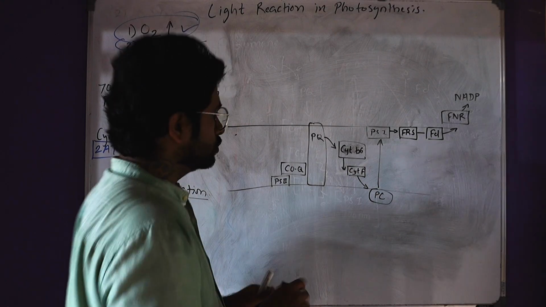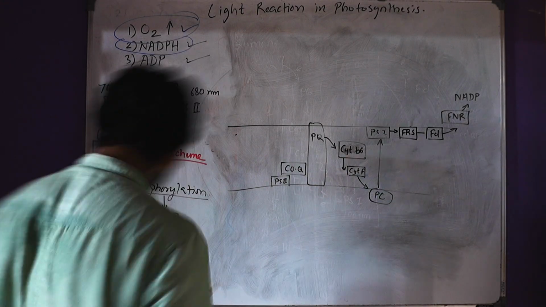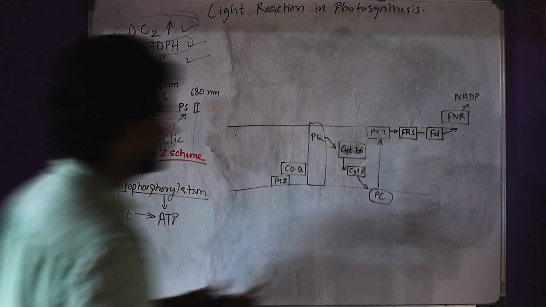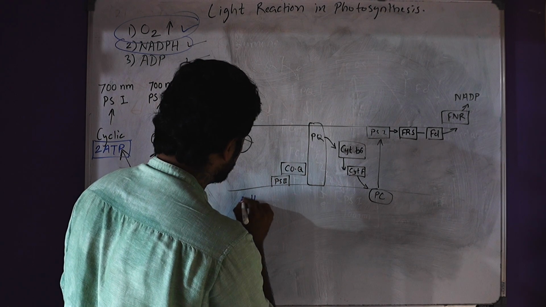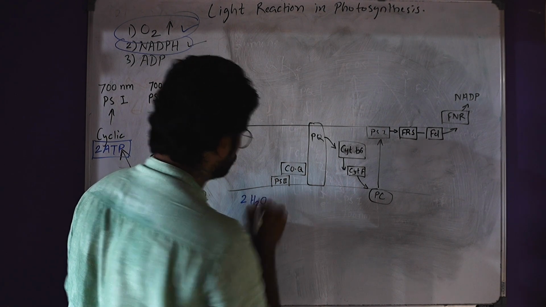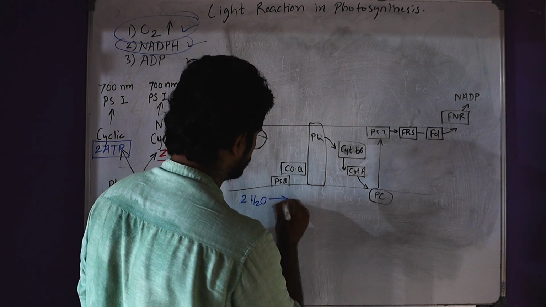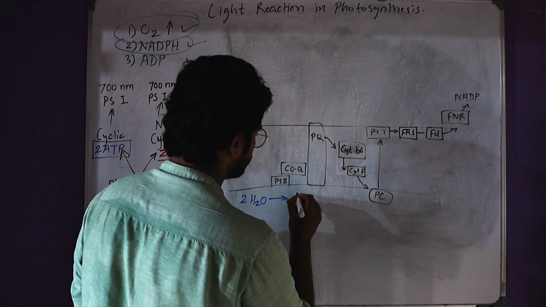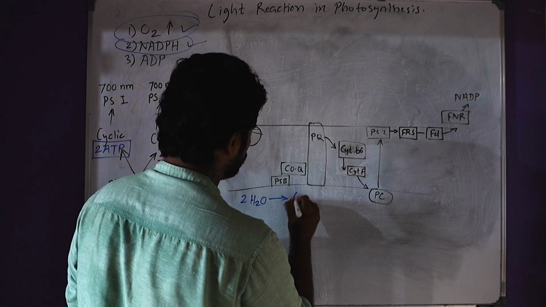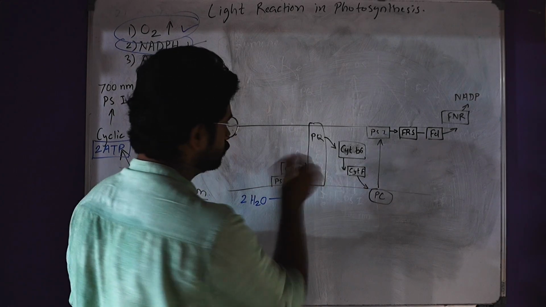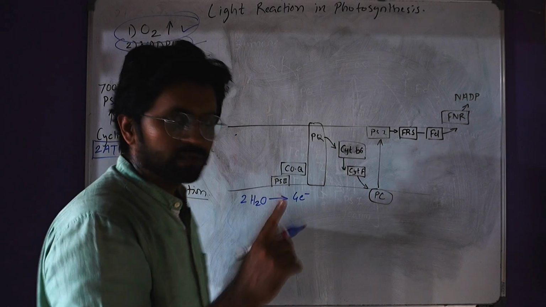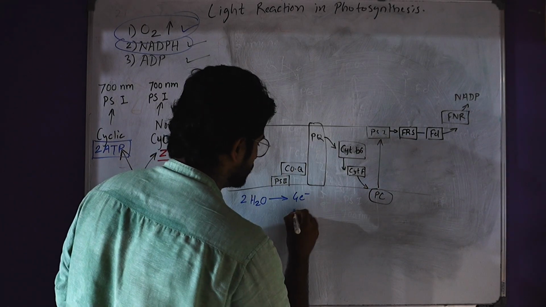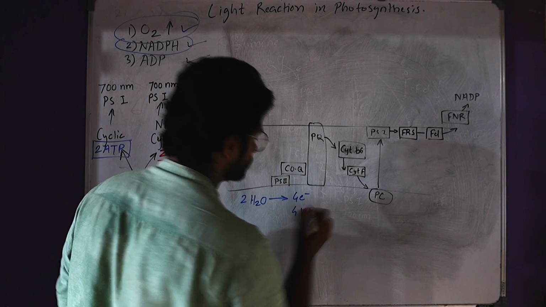Okay, so my concern was when oxygen evolves, so we are considering 2H2O here. So we are sending 4 electrons through photosystem, but not all at once, one by one we will send. Then there is 4H plus.